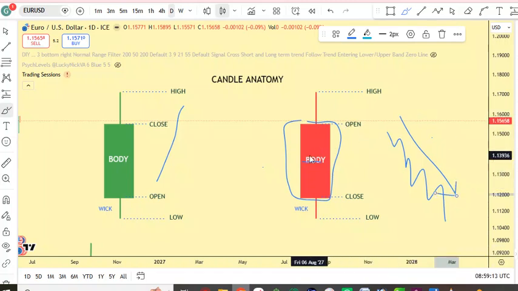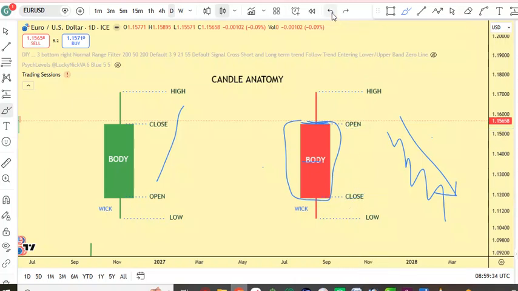So since it is coming down, the block starts forming from the top. Where the block begins to form while the candle moves down is what is called the opening of the candle, and where the block area ends while forming is what we refer to as the close of the candle.